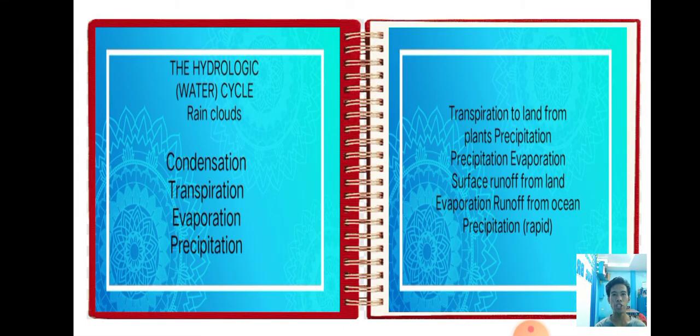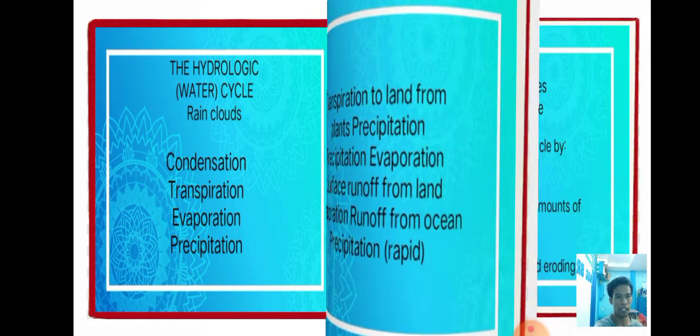So the hydrologic water cycle. The process is first condensation, transpiration, evaporation, and then precipitation. There is transpiration to land from plants, precipitation, then evaporation, surface runoff from the land, then evaporation and runoff from the ocean, and precipitation is a rapid movement in this cycle.